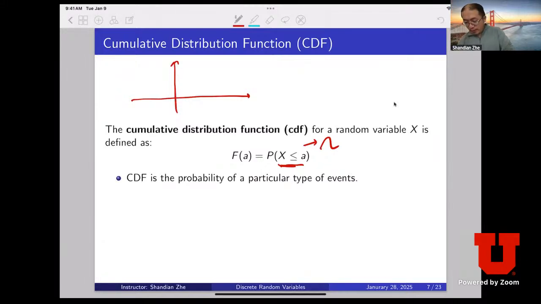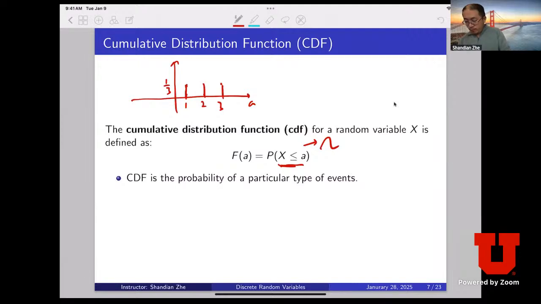So typically, for example, if you got a PMF like this, let me just write down: say A equals 1, 2, 3, and the PMF is 1/3 for every value of A, like 1, 2, 3, right?